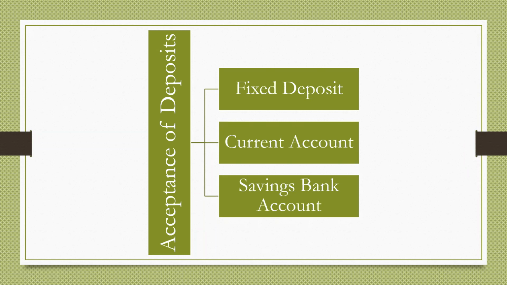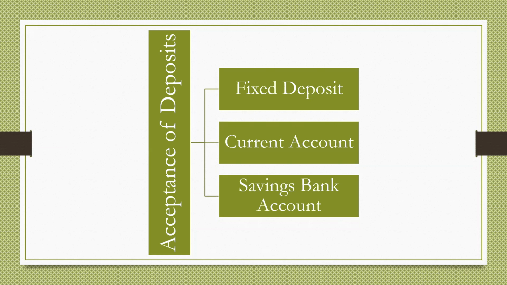Fixed deposit. Fixed deposit refers to the amount deposited for a fixed period. It is generally 1 year or more, but nowadays banks accept fixed deposits even for 90 days. The deposits are repayable only after the fixed period.